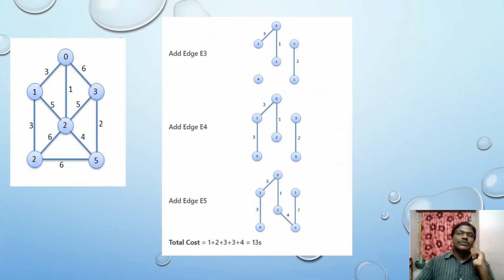The next lowest is 3, so 0-1. The next lowest is 1-4, that is 3. Then 2-5, that is 4. All the edges are connected. The total is 1 plus 2 plus 3 plus 3 plus 4.